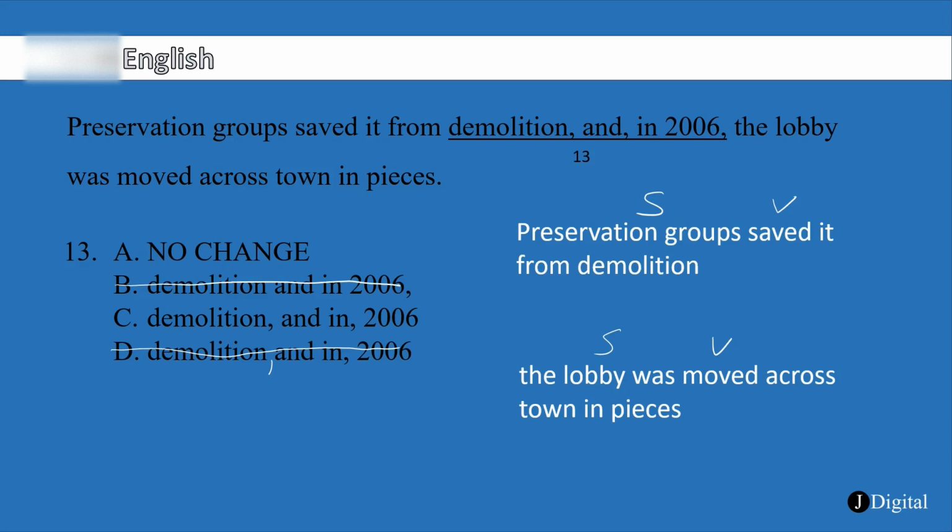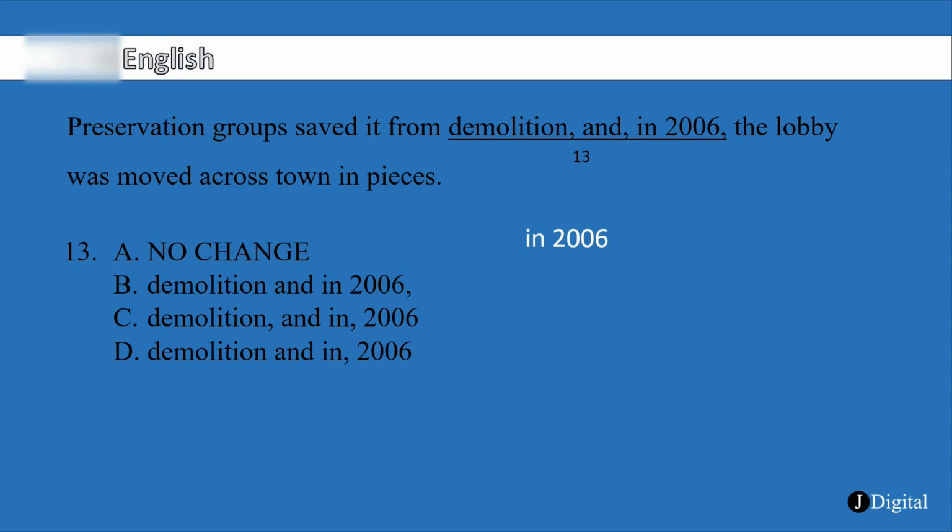Okay, so our original had a comma and then a conjunction. And C also has a comma and conjunction. Okay, so now we need to deal with the in 2006. Now if we look at the 2006, in 2006, that could be essential information or non-essential.